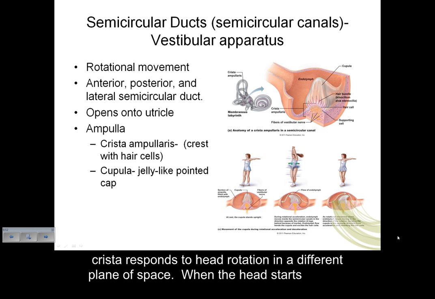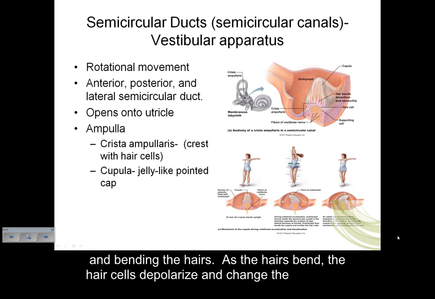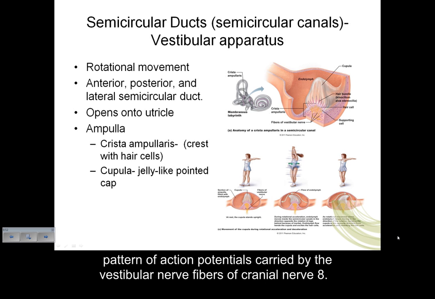When the head starts to rotate, the endolymph in the semicircular duct lags behind at first, pushing on the cupula and bending the hairs. As the hairs bend, the hair cells depolarize and change the pattern of action potentials carried by the vestibular nerve fibers of cranial nerve 8.